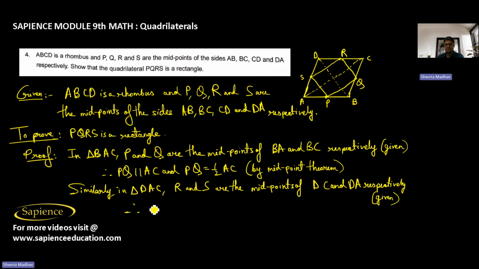So therefore, we can say that SR is parallel to AC and SR equals half of AC, by using the midpoint theorem.